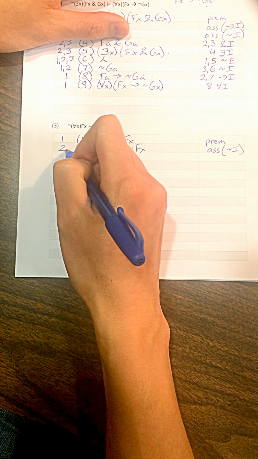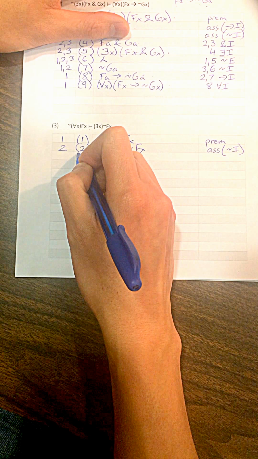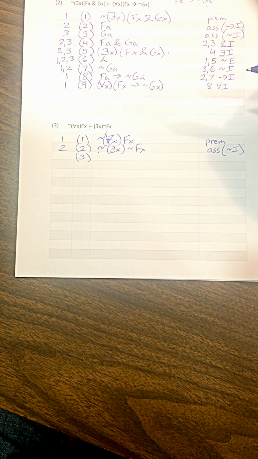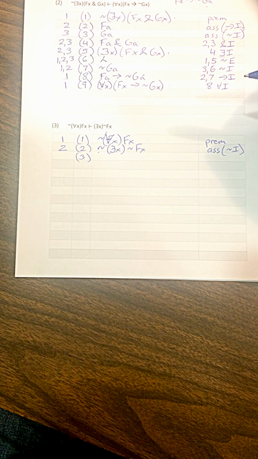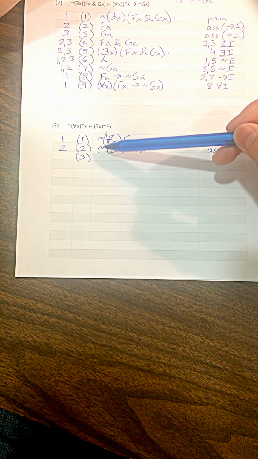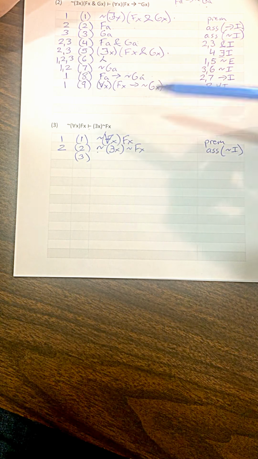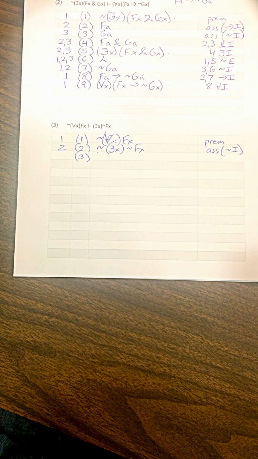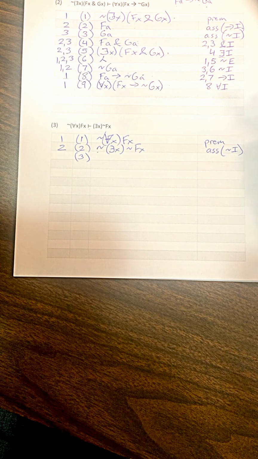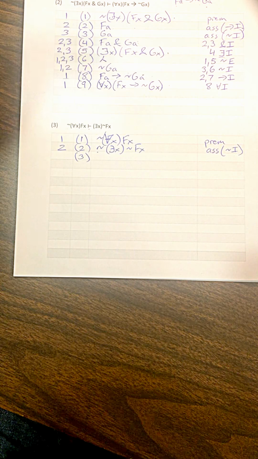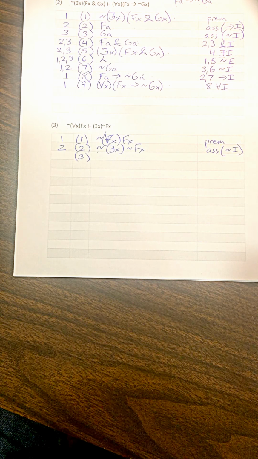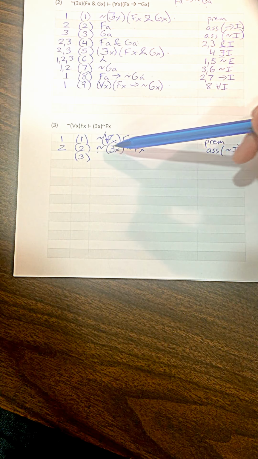Okay, so from here we must also think of a way to create a contradiction. And again, you've got two negations, and it's very hard to work with the negations. So what we're going to have to do now is try to think of a formula that would get us a contradiction. This says nothing is not F, right?